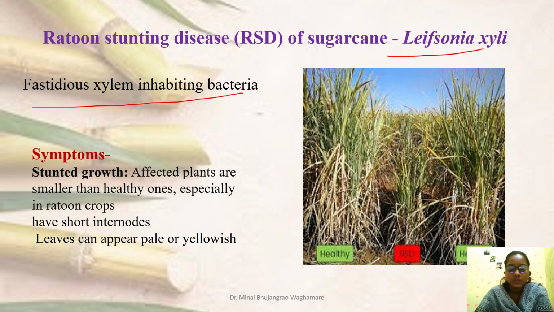The ratoon crop shows smaller height, that is a stunted appearance compared to the healthy plant. The leaf color turns yellowish and pale yellow, which reduces photosynthesis and leads to yield losses.